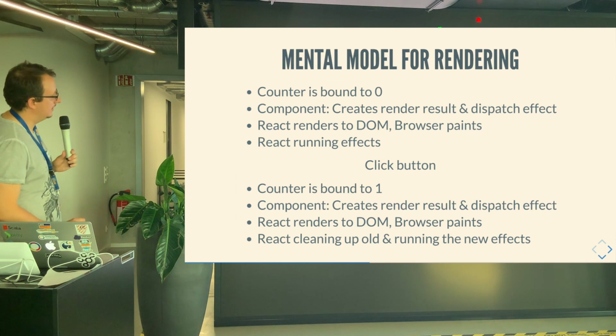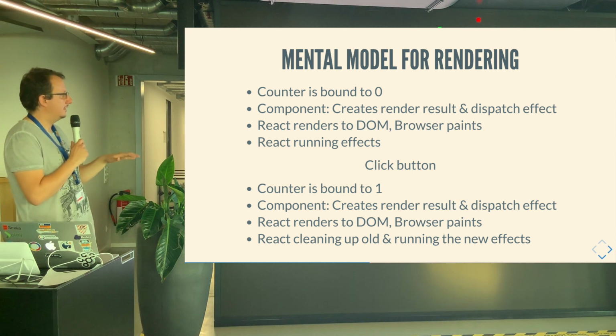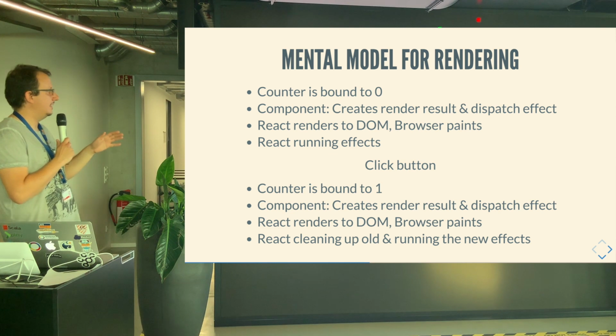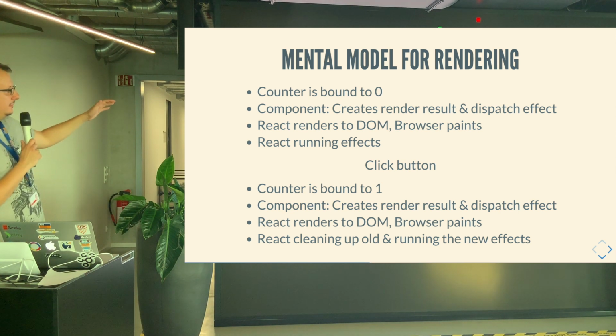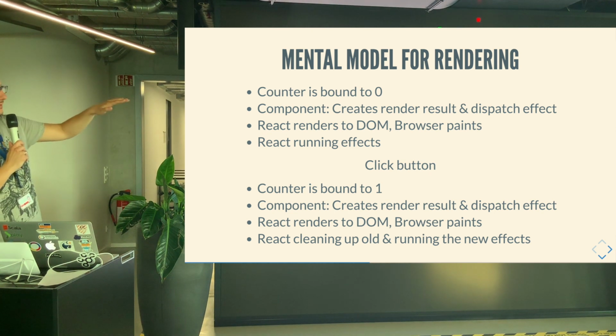So I've prepared a mental model for rendering, which I've just explained a bit. So first of all, the counter is bound to 0. Then the component creates the render result and dispatches the effect to React. React renders to the DOM, the browser paints, and meanwhile React is running the effects.